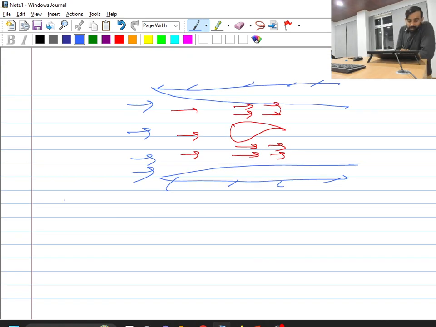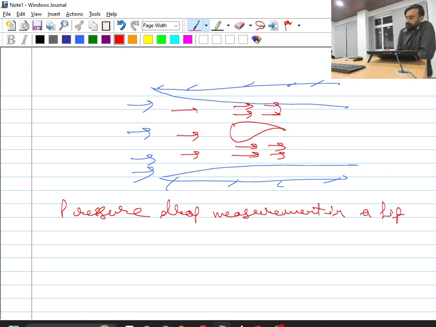Now let's talk about how pressure drop can be related to wall shear stress. Pressure drop measurement in a pipe.